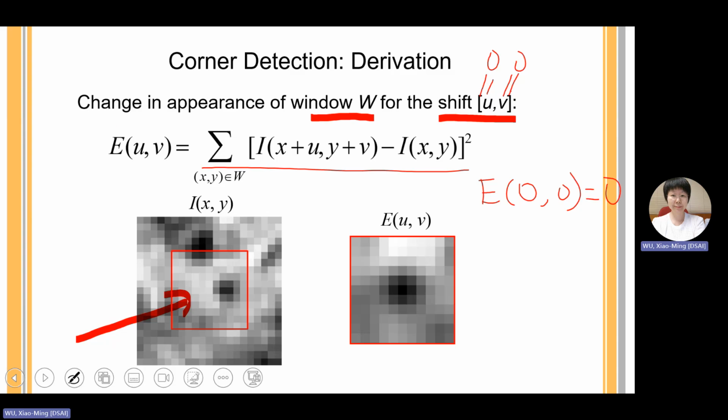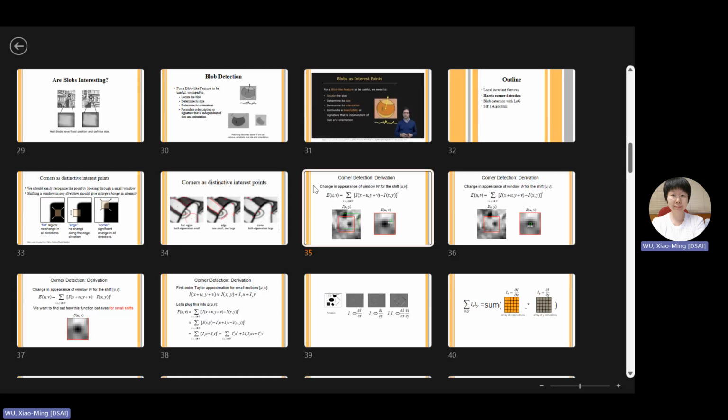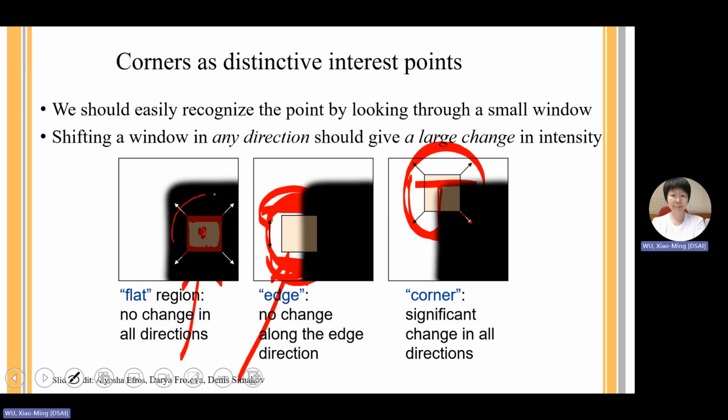Why do we want to shift the window by some small amount? Because we want to quantify the changes.